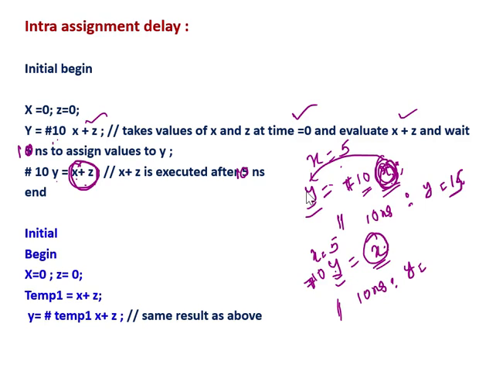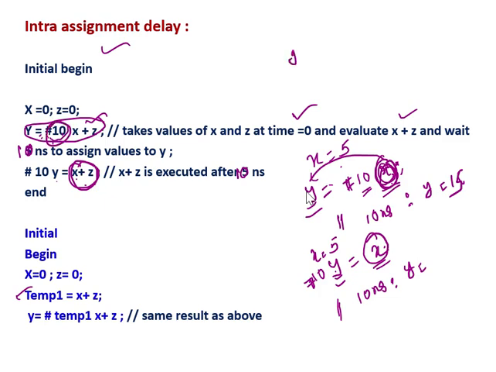Initial begin x equal to 0, z equal to 0, temp equal to 1, then this is the expression, right? Temp equal to 1, x plus z. This way also you can assign an intra assignment delay. After the equal to, if you write hash and then the delay, this delay assignment is called intra assignment delay.